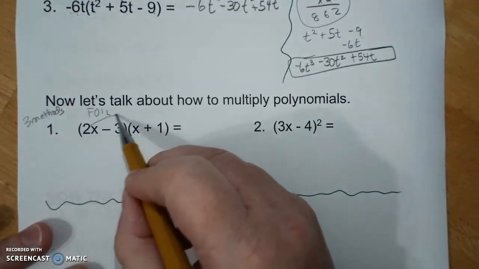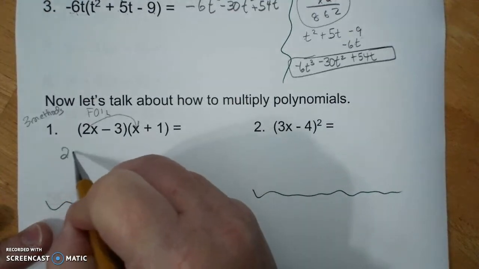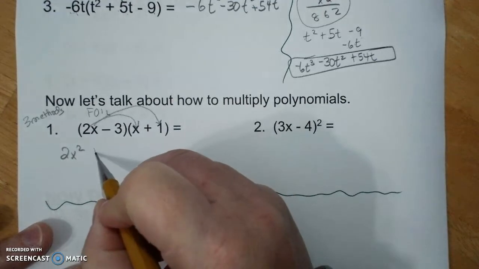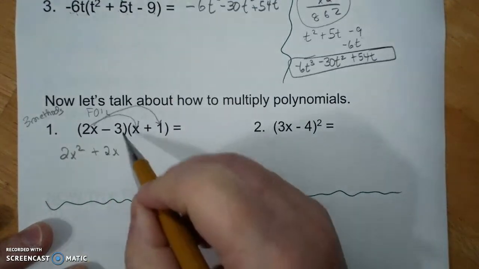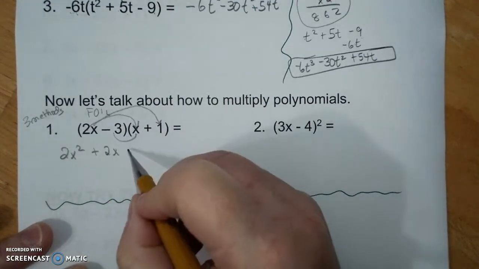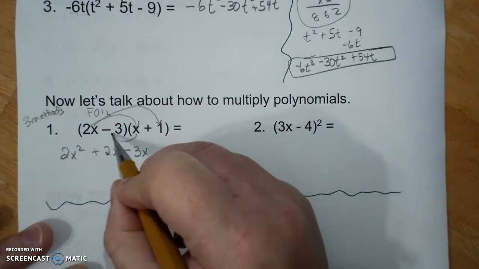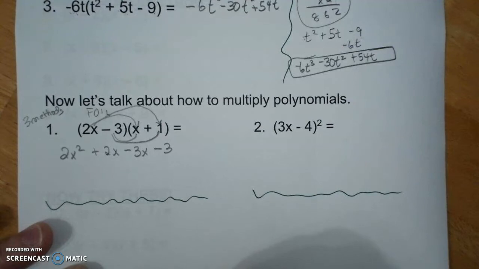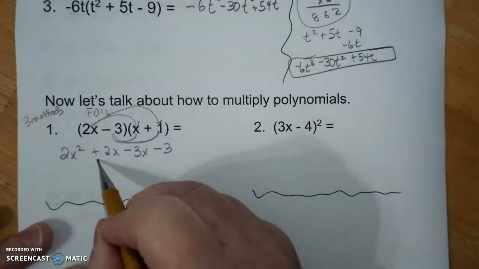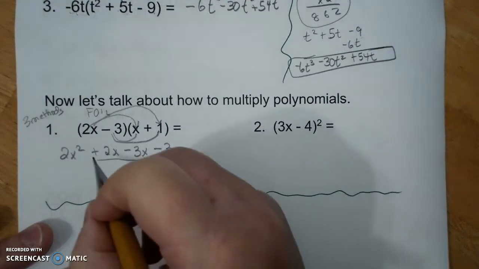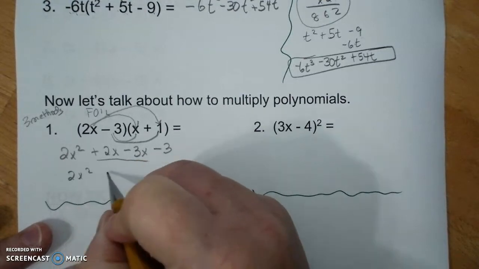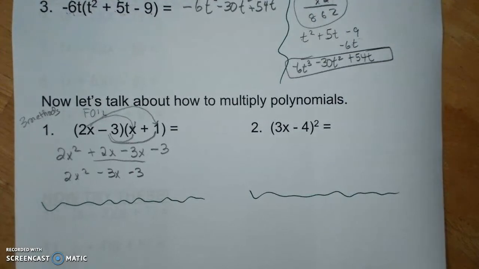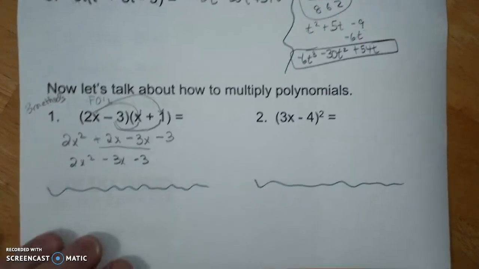And so you would go 2x times x, which is 2x squared, 2x times 1, which is plus 2x, negative 3x, and negative 3 times 1, which is negative 3. Then you would combine like terms, and it would be 2x squared minus x minus 3. My least preferred method.